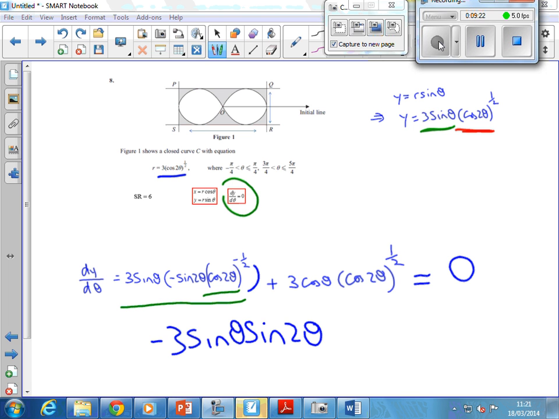If I square that, in other words, multiply it by itself, cos 2 theta to the power of a half times cos 2 theta to the power of a half, I'm just left with cos of 2 theta. So it's 3 cos theta cos 2 theta equals 0.